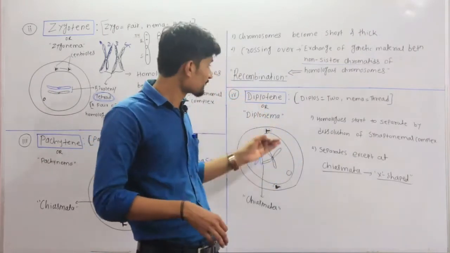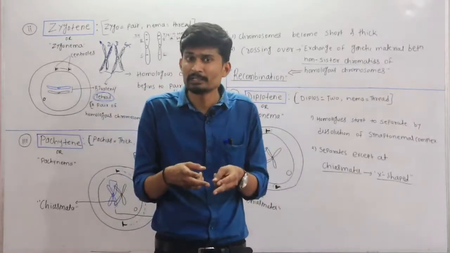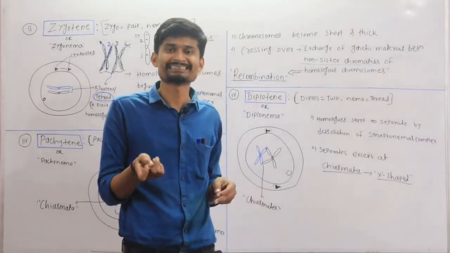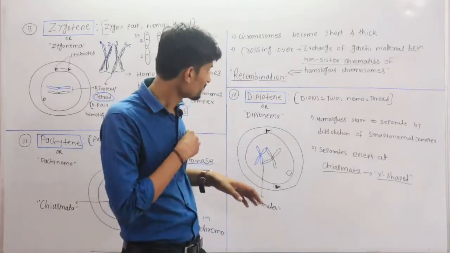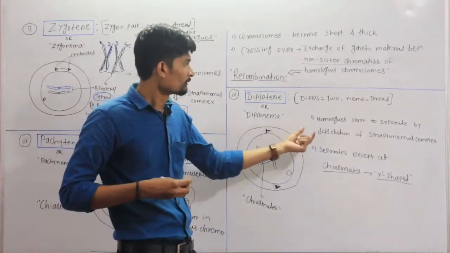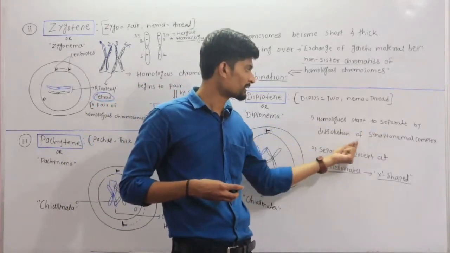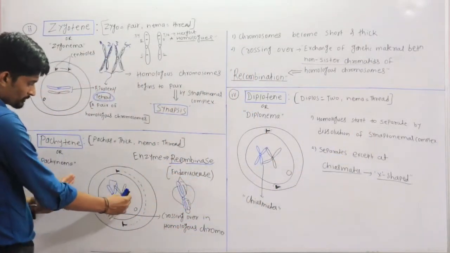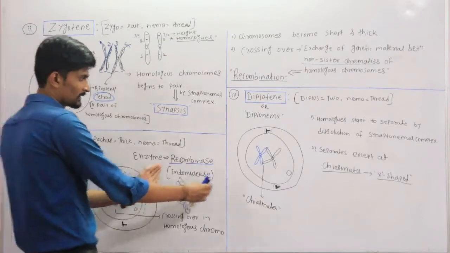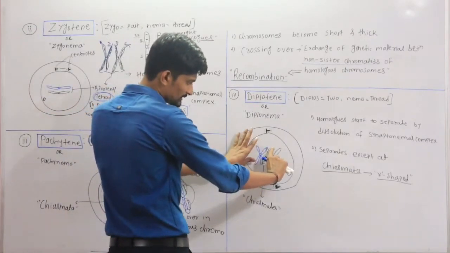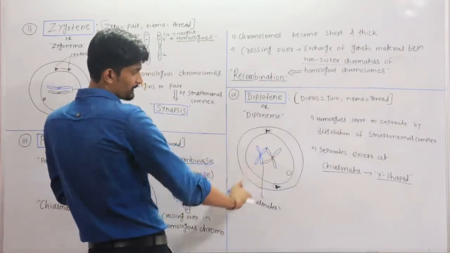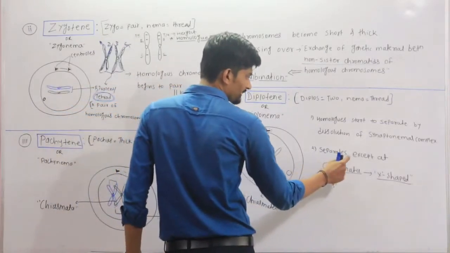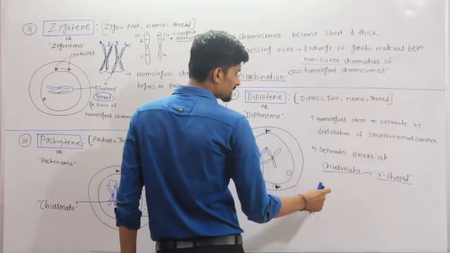But in the diplotene stage they are not completely separated; they will get separated in the last stage, that is diakinesis. So homologous chromosomes start to separate by dissolution of the synaptonemal complex. That's why in this diagram I am showing these two chromosomes very close, but in this diagram they have started to separate. They separate except at the chiasmata.